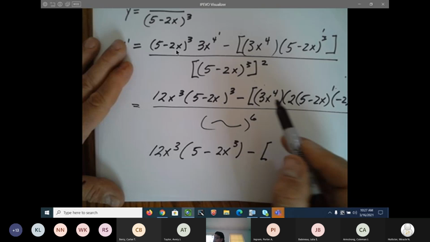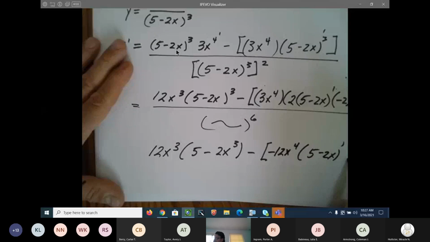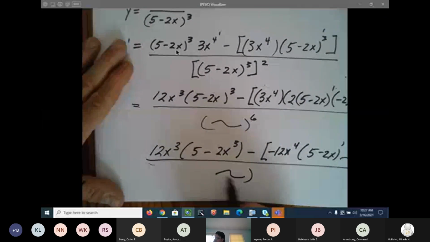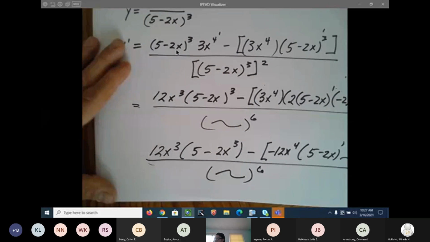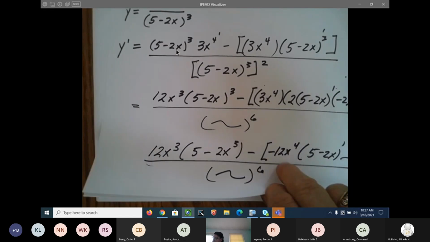I'm going to put -12x to the fourth times 5 minus 2x to the first, all over denominator to the sixth. And that is to the third power.